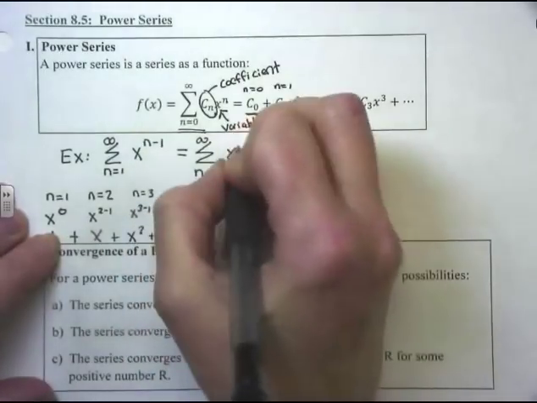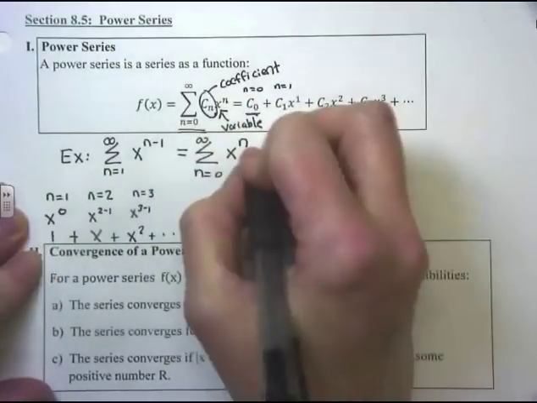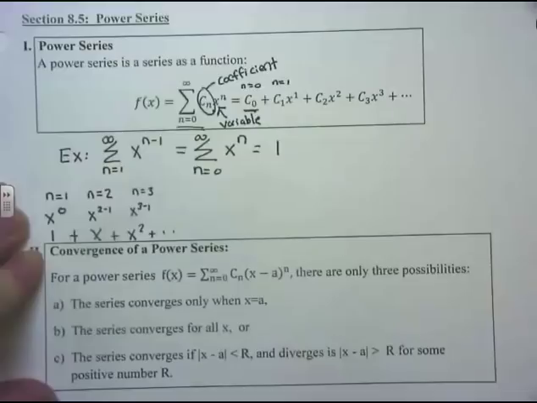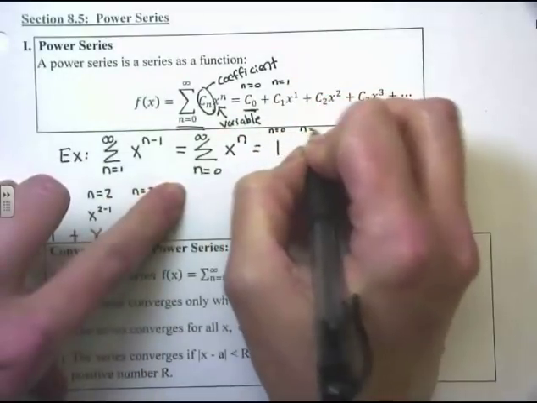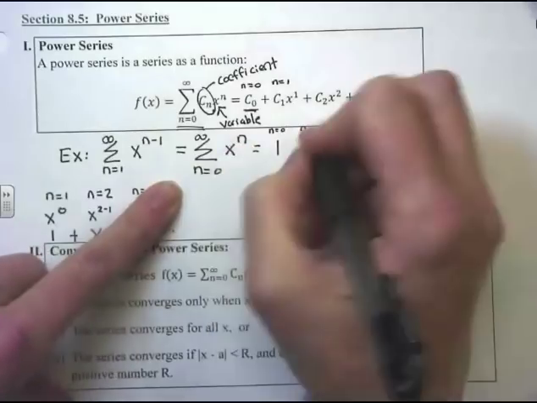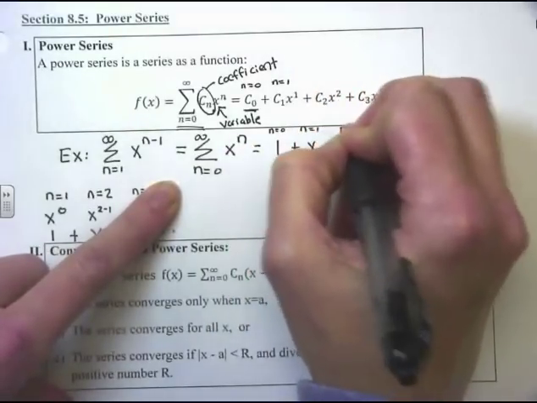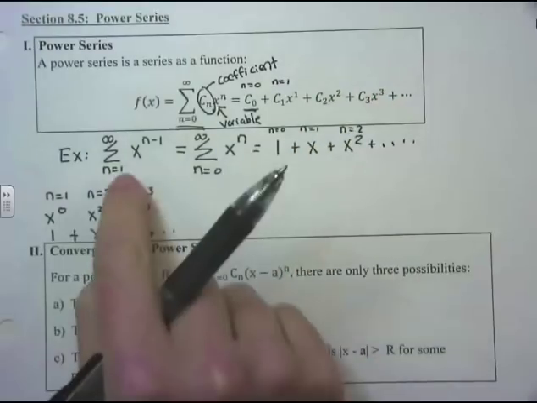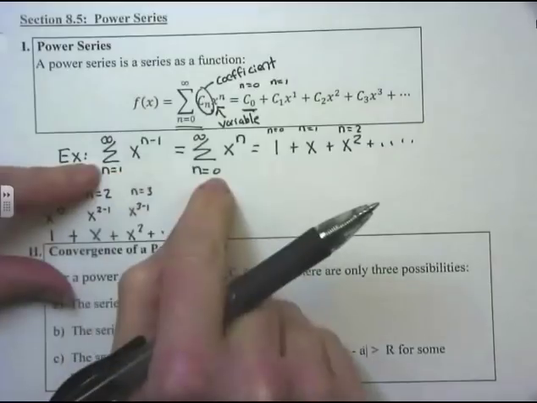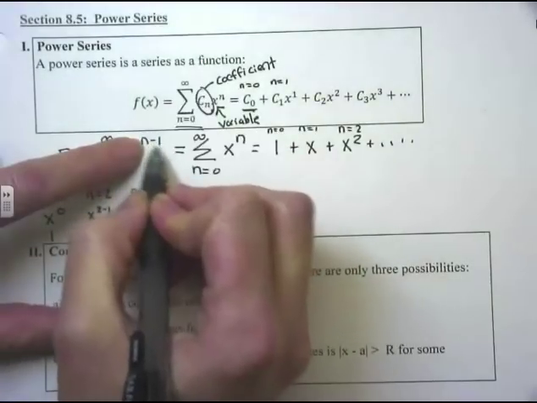So if I'm starting at 0, and I raise x to the 0 power, I am in fact getting 1. Now when I go to the next term, n equals 1, and I plug in, I have x to the first power, x to the second power when n equals 2, and so forth. The idea is if I drop the summation to start 1 beneath, I account for that by adding 1 to the power on x inside.